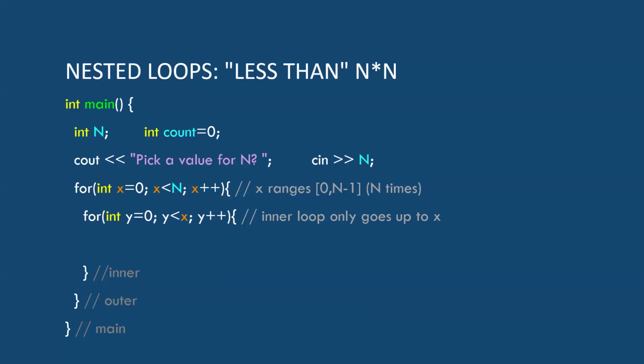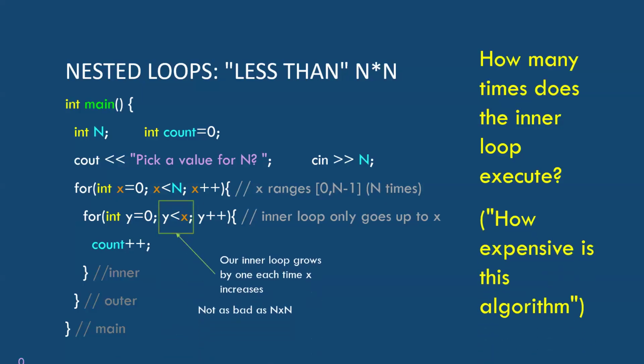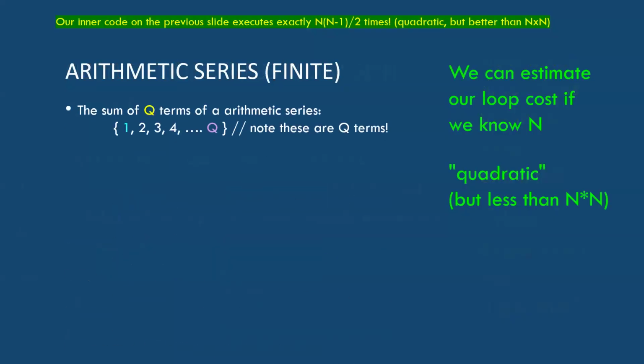So we have 0 plus 1 plus 2 plus 3 if we add up the inner loops. And that is an arithmetic series, if you recall. That is a series of numbers that increase by a constant value. And there's an equation for that, right? Ancient people solved that equation a long time ago. So when we see a loop like that, we can immediately jump to the equation and go, oh, I know how much that's going to cost me in exact terms. So let's just briefly look at that equation.